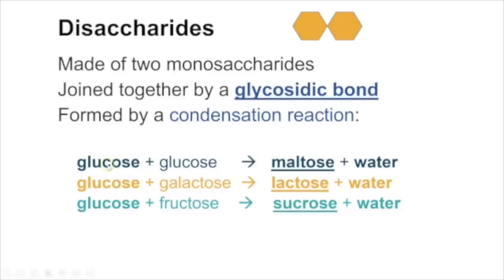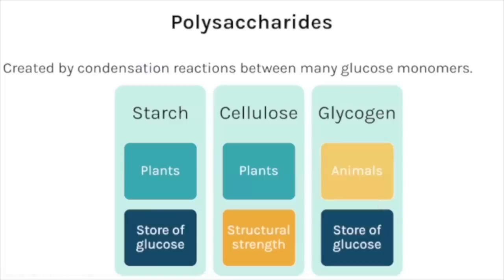So maltose is glucose plus glucose, lactose is glucose plus galactose, easier one to remember because there's lactose in the name, and then sucrose is made up of glucose plus fructose. And because all 3 are condensation reactions, that is why one of the products is water, because water is released.